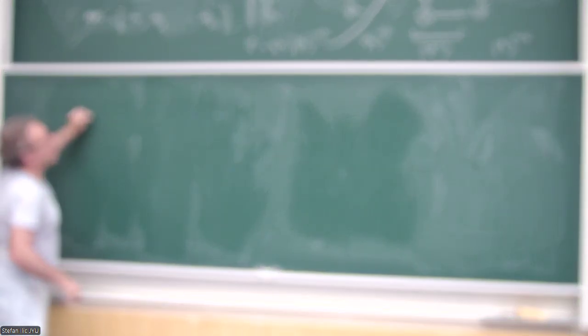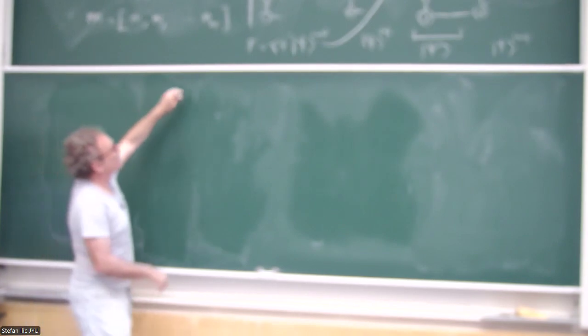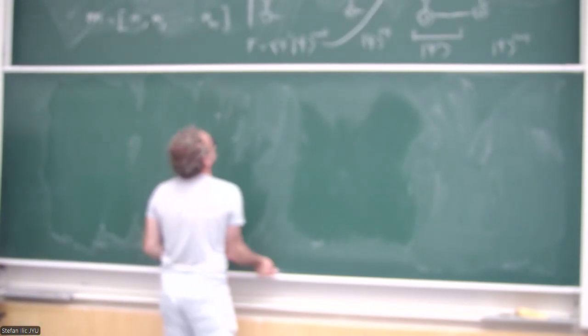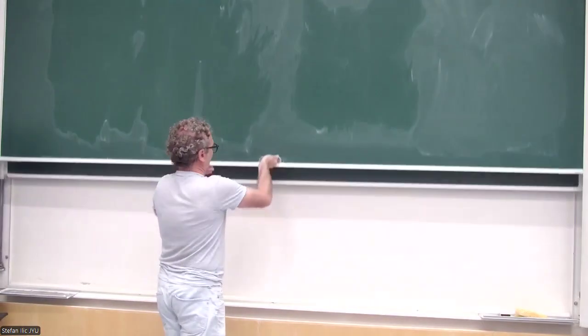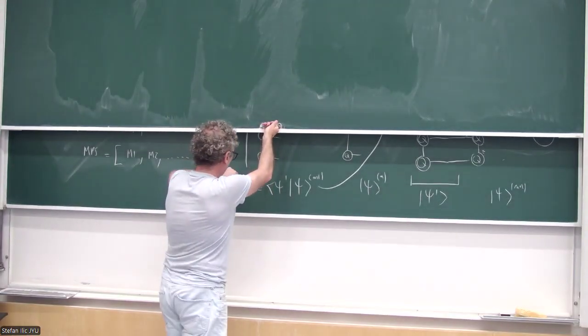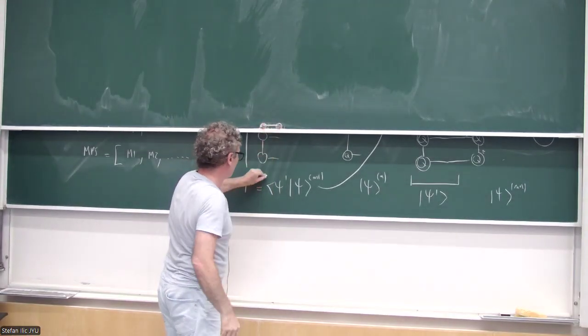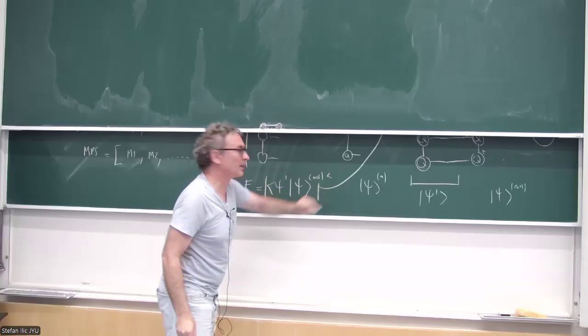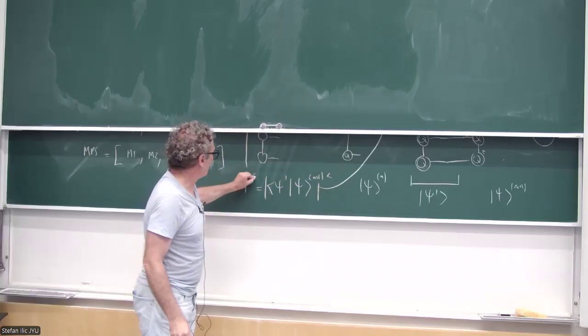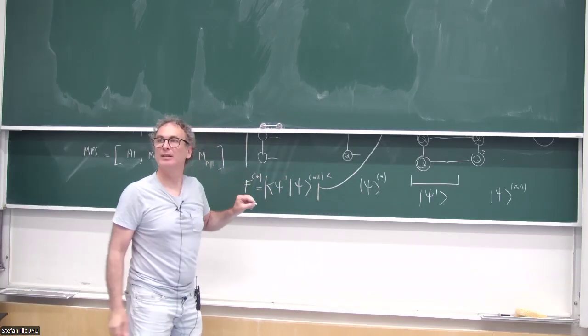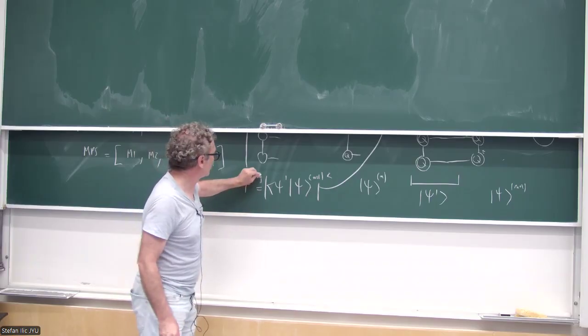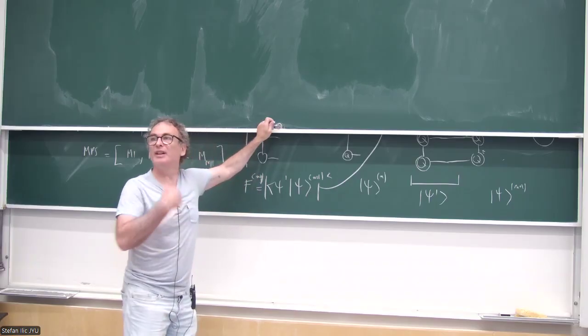So I have this f here, actually. Let's say the fidelity will be more the square of this, and it will be like f n plus 1, the fidelity out of this step.